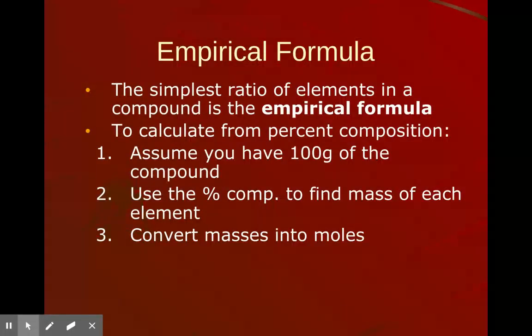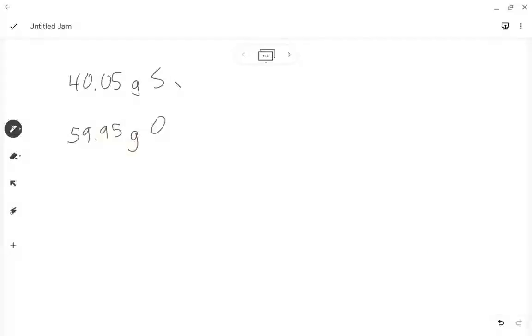And then some of you might be able to guess where this is going next. The third step is to convert these grams that we have now come up with into moles. So we're going to take our grams of sulfur and turn them into moles of sulfur, where 1 mole is 32.07 grams, because that's the number off the periodic table. So we take 40.05 times 1 over 32.07, and we get 1.25 moles.